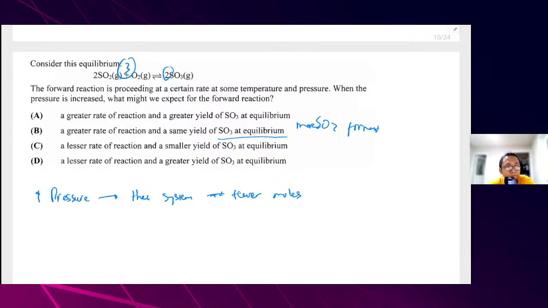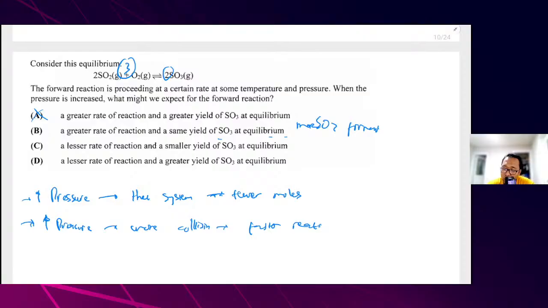And for the rate of reaction, if we increase the pressure, we will have more collisions and a faster reaction rate. So it will be A for the final answer.